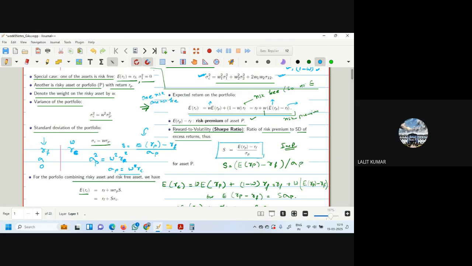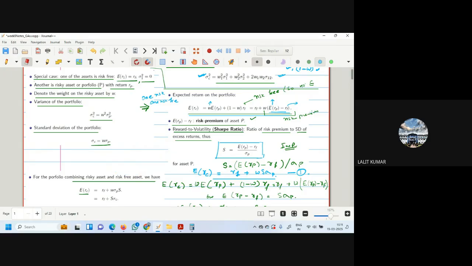Now ERP minus RF can be replaced by S into sigma P. So your expected RC will become RF plus W into S into sigma P. So this is another equation. If you have understood the concepts, then you can play around with all these equations easily.